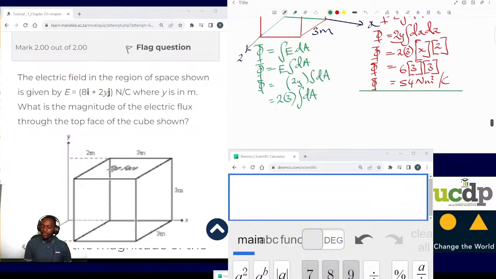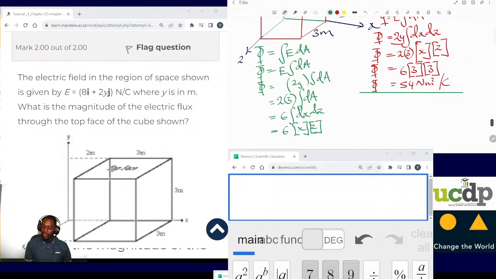Okay? So that will be 6 integral of dx and dz. If you integrate dx, you'll get x. If you integrate dz, you'll get z. And if you check the dimensions of that cube, it's 3 by 3. So it's equal to 6 by 3 by 3. Hence you get your 54.